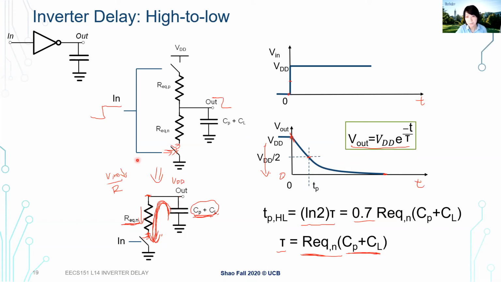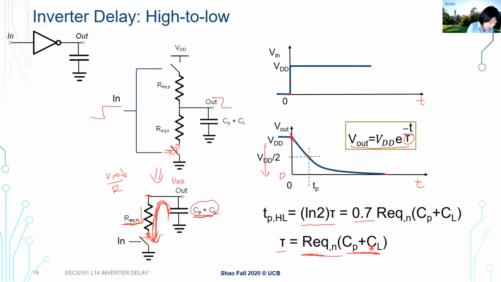The time to discharge to half is 0.7 of this time constant. This time constant is only associated with the resistance and the capacitance of the circuit. Again, no need to remember the equation at a very high level.